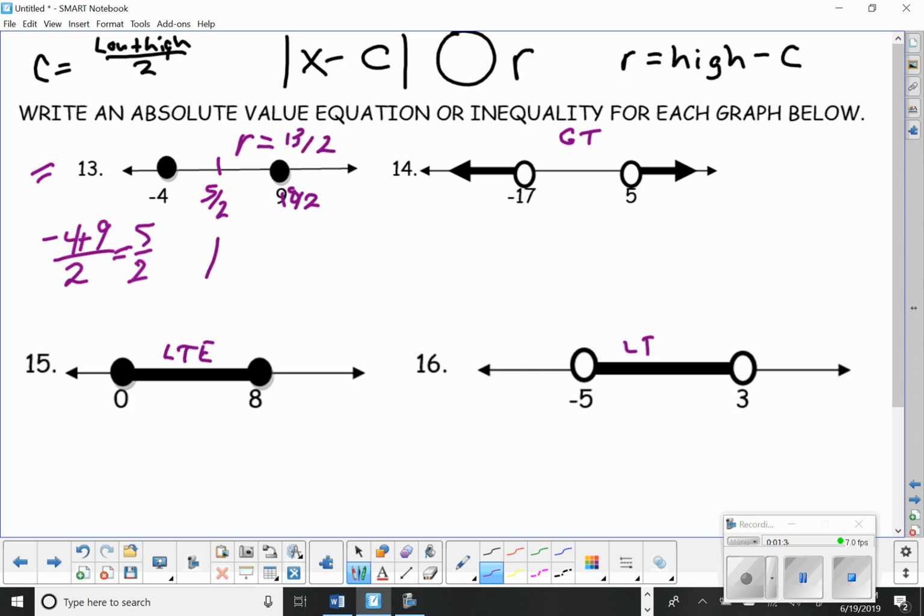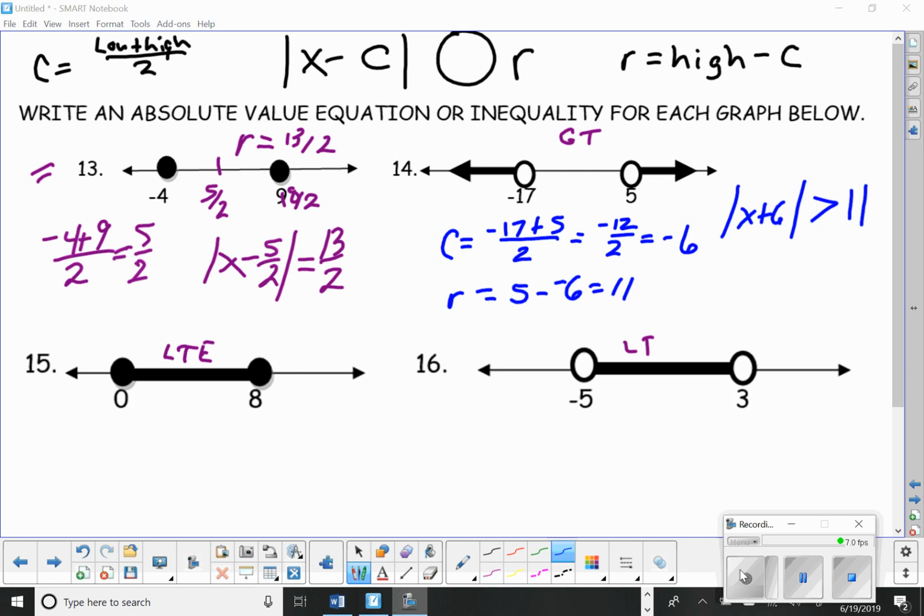So I know that this is going to be x minus 5 halves equal to 13 halves. That's how you do it. Okay, if you had trouble, pause for a minute and go through and find the center and then the distance from the center to either end point of each of these, and then come back and we'll look at all the answers.